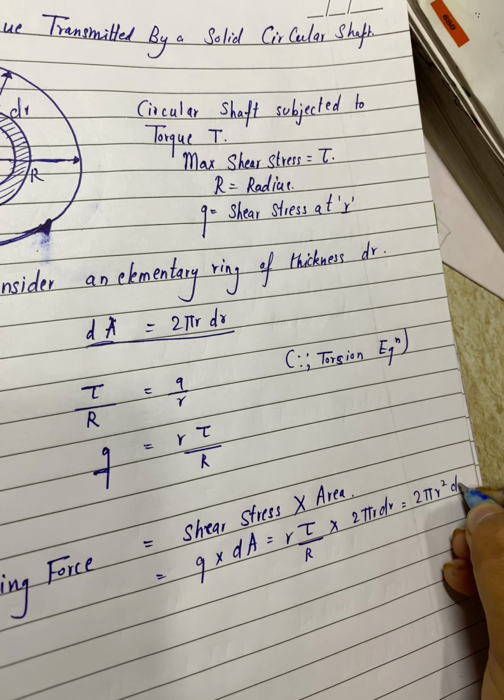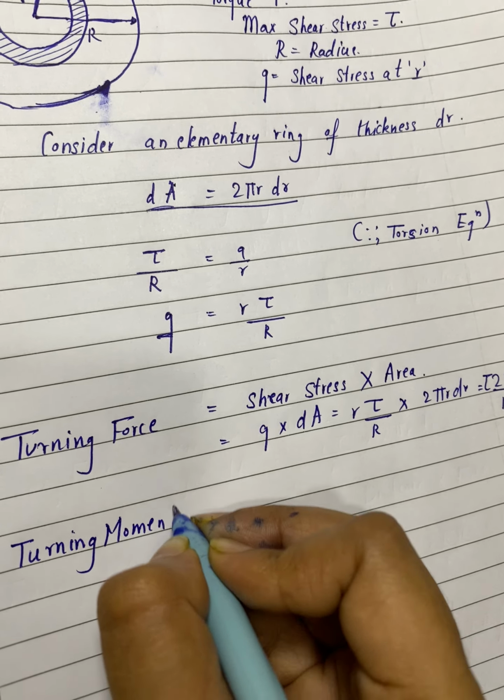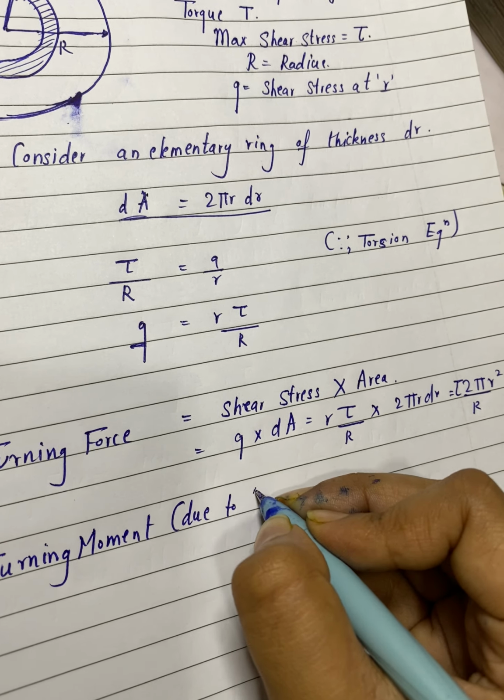now since we want to find the torque, which is nothing but turning moment, right? So turning moment, now this moment is caused due to the force, right? Due to turning force. What's the formula for moment? It's force into distance, right?